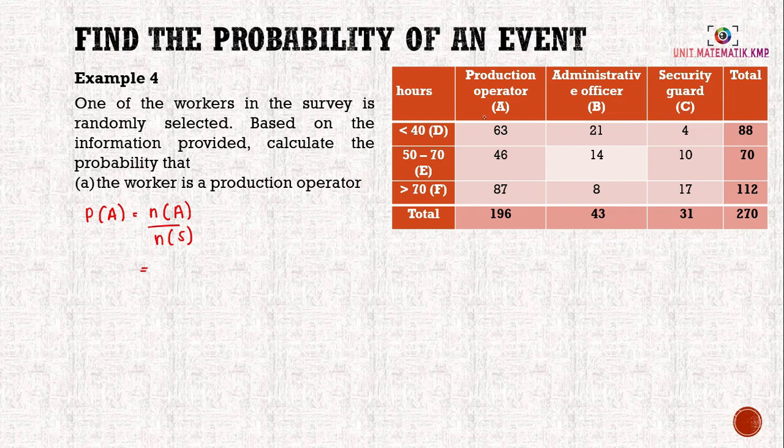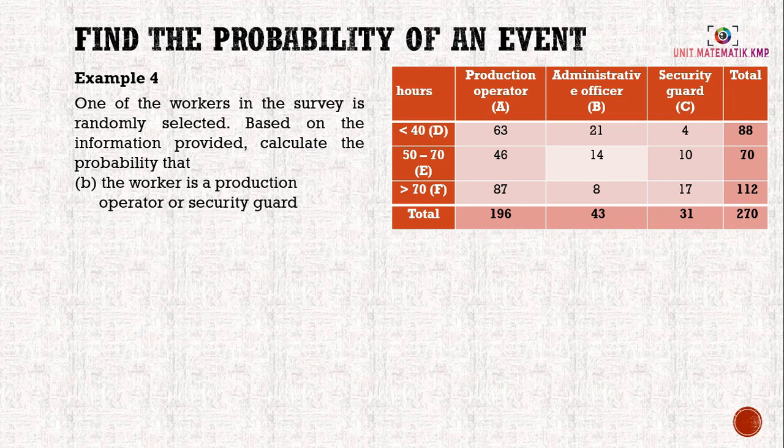So the number of production operators is 196 here. So 196 over the total workers, which is n(S), this one adalah n(A). So the total of workers is 270. And then check your calculator whether it can be simplified. So you can get 98 over 135. So this is your answer. The probability of the worker is a production operator.